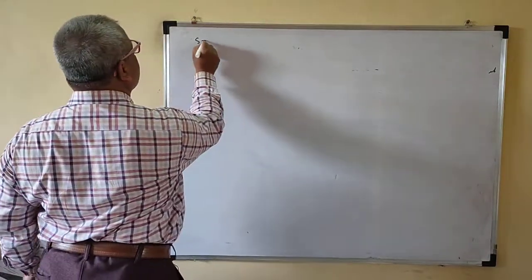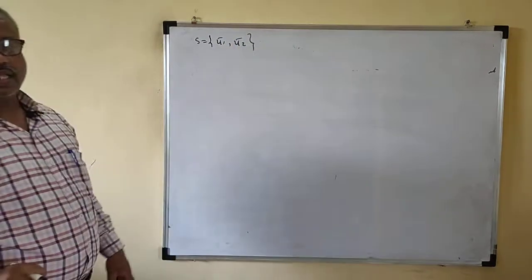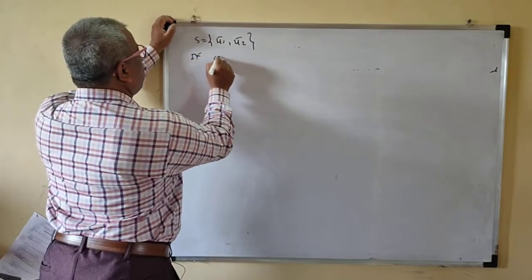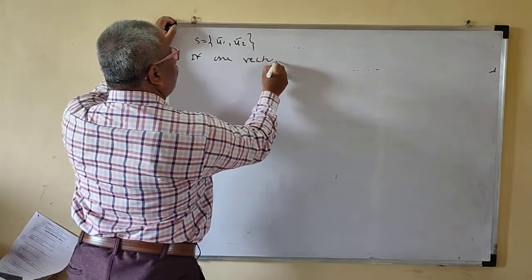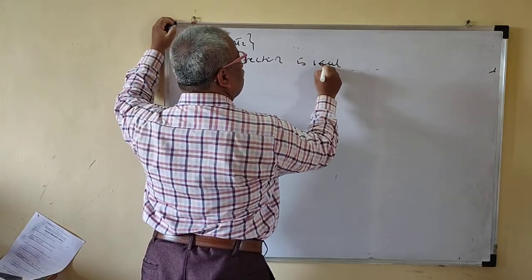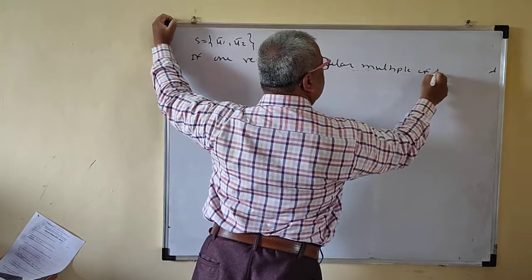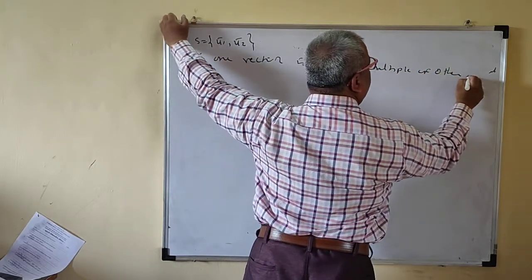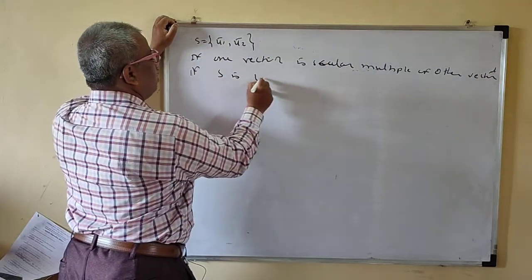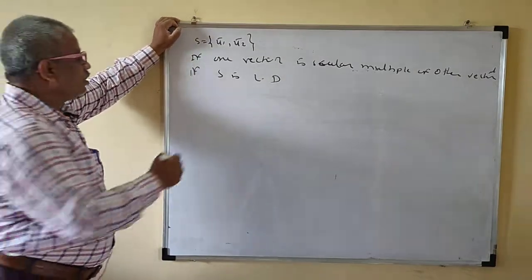So suppose S is equal to u1 bar, u2 bar. That means this set contains two vectors. If one vector is a scalar multiple of the other vector, then S is linearly dependent.